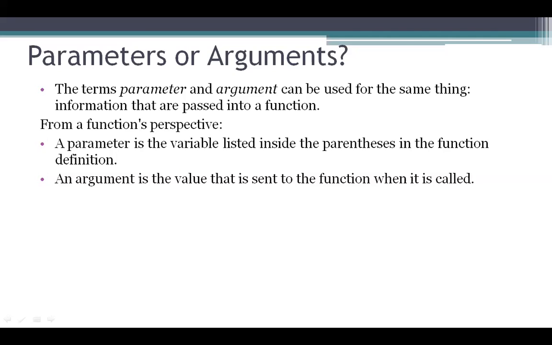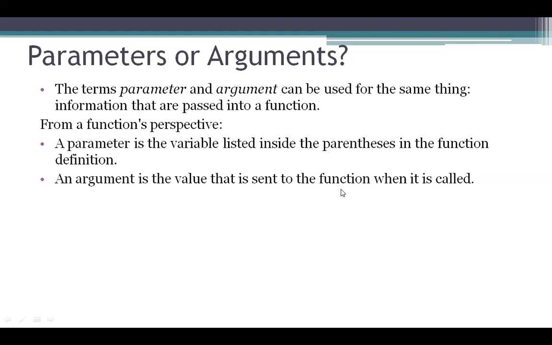Next, many times we come across these two words, parameter and arguments. Is there any difference? No. So then why is it called with two names? From the function perspective, the variable which is listed inside the parenthesis of the function definition, we call it a parameter.